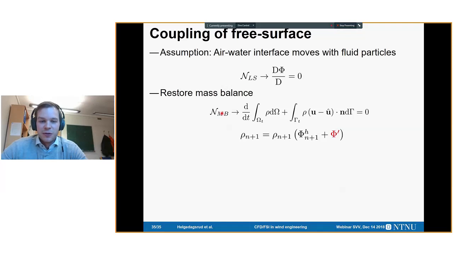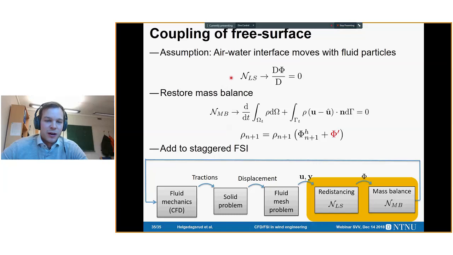But the good news is that these two new problems work perfectly fine with our existing FSI framework. So we just add a few blocks to the already existing FSI. So after the fluid mesh problem, we then solve the level set and determine phi, and we do the correction block here.